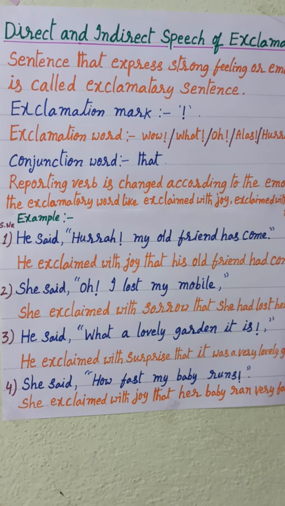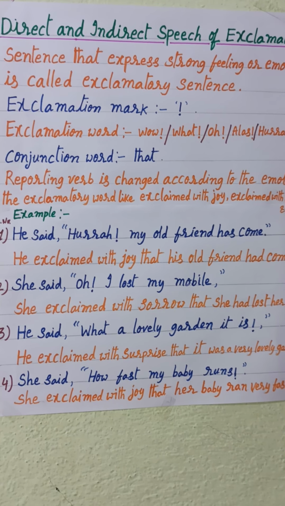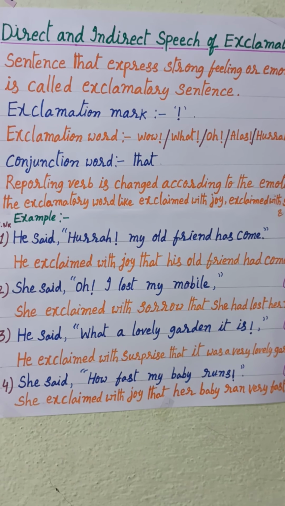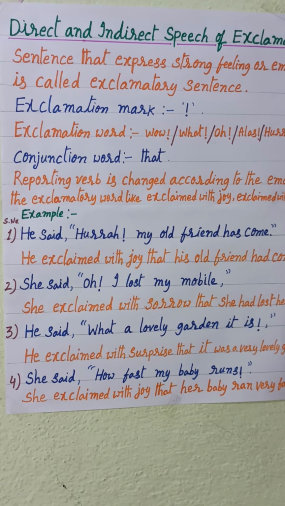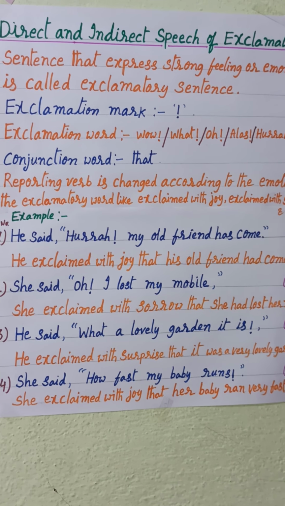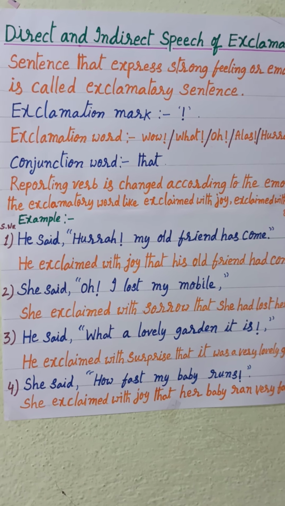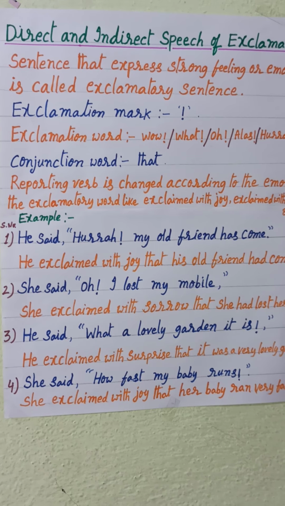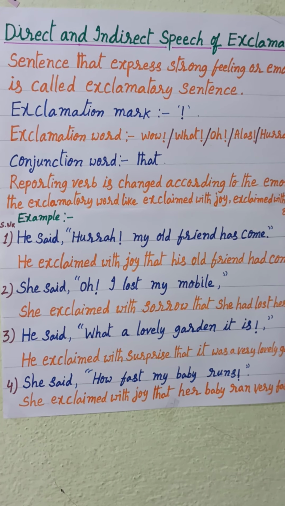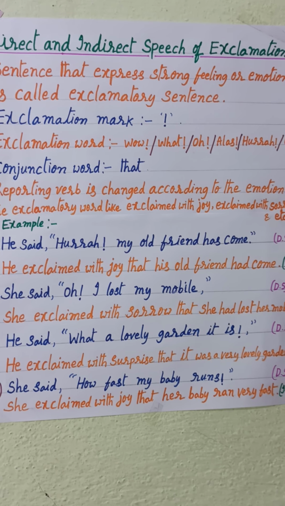He said, what a lovely garden it is, and exclamation mark. It is direct speech. He exclaimed with surprise that it was a very lovely garden, and full stop.